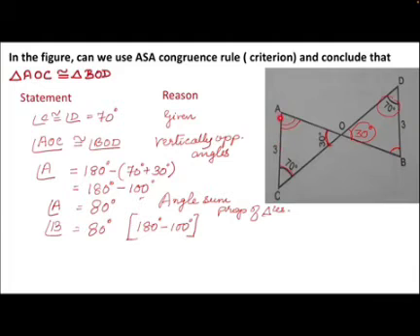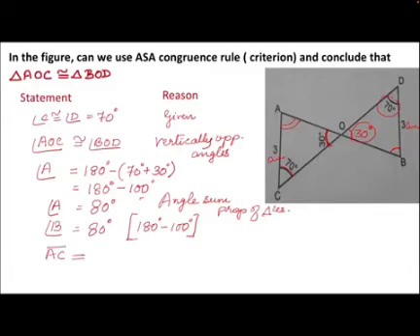It is here, 3 centimeters or 3 units, whatever it is, but they are equal. Okay, so AC is equal to BD. I'll write that.